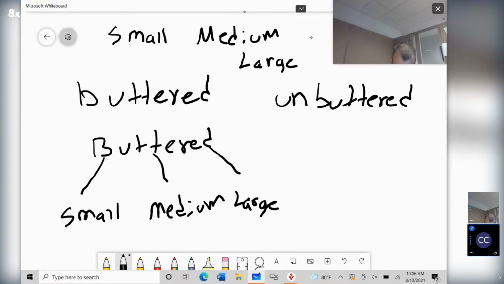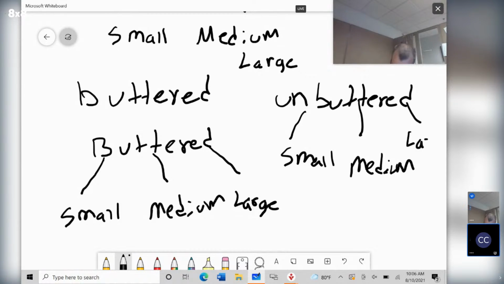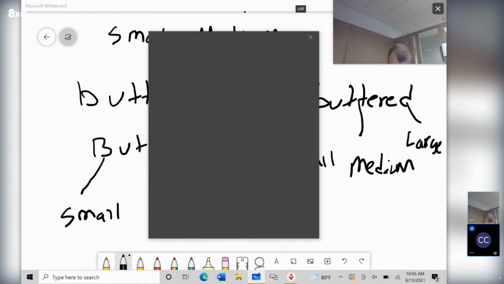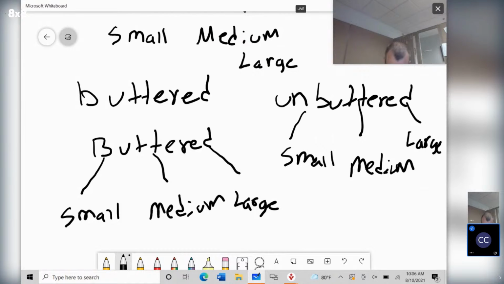In unbuttered, the same thing. There's going to be a small option, a medium, and then a large. Okay, so if I asked you, we look at this, there's going to be 1, 2, 3, 4, 5, 6 different options of how you want your popcorn.